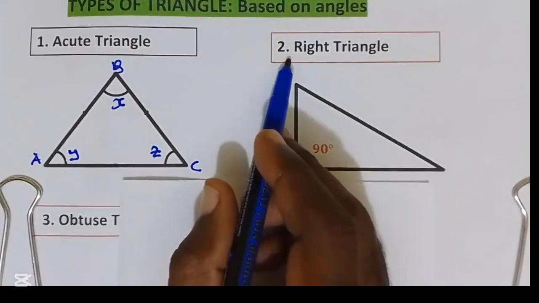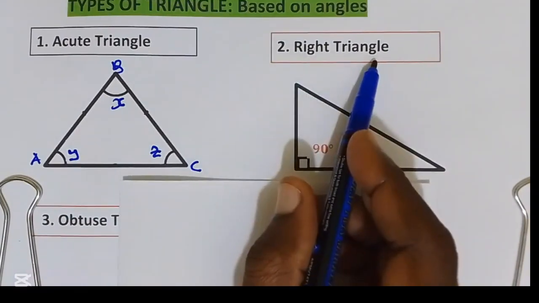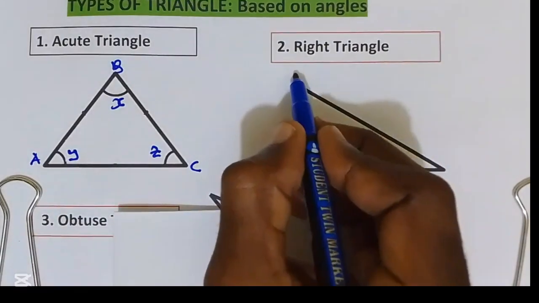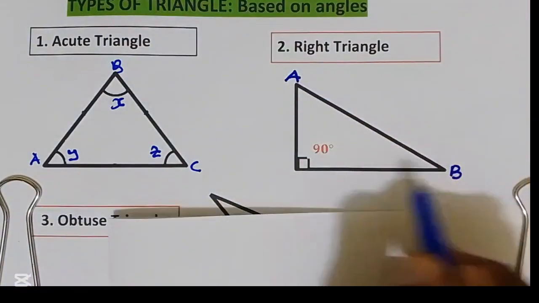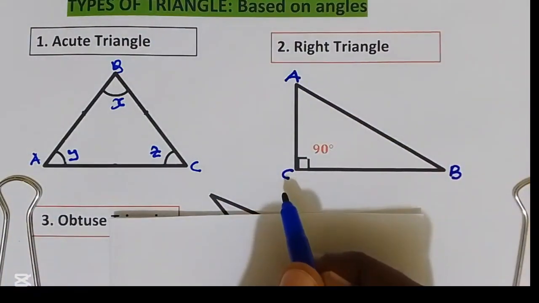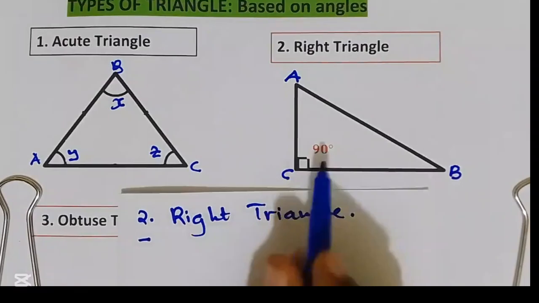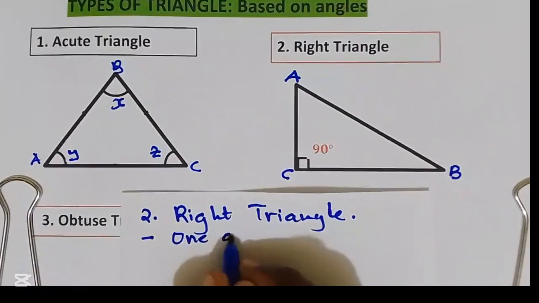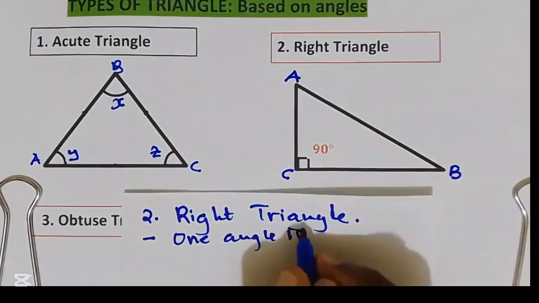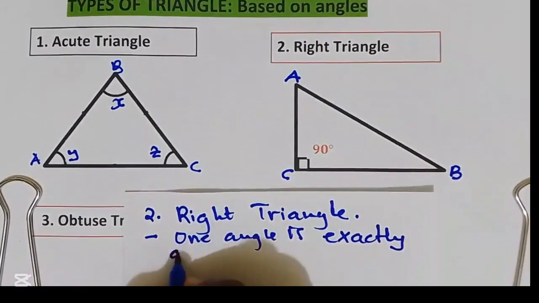Let us see the second type of triangle, that is the right angle triangle. Let's call it triangle A, B, C. The first characteristic of a right triangle, one angle is exactly 90 degrees.